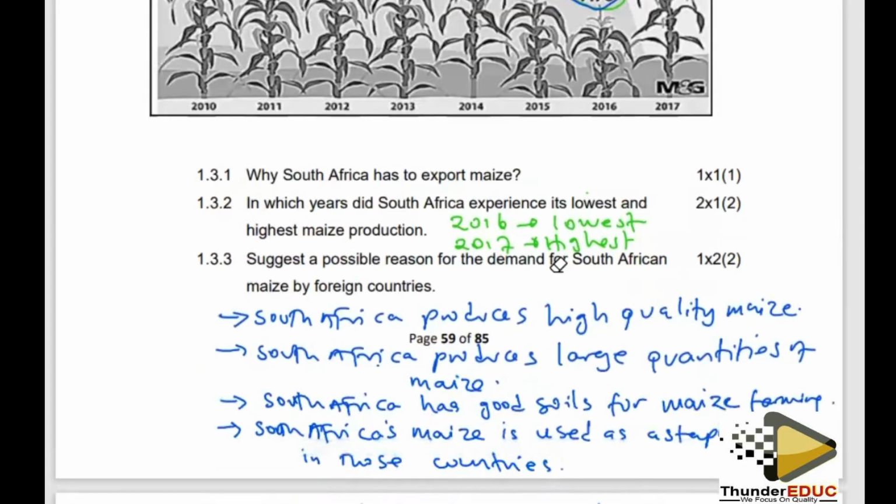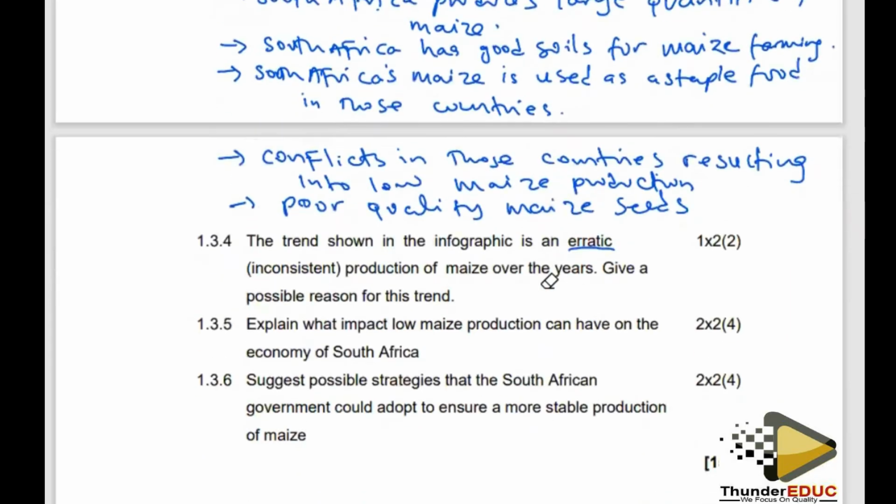So the question says the trend shown in the infographic is an erratic or inconsistent production of maize over the years. Give a possible reason for this. Give the reason for the inconsistency in maize production.